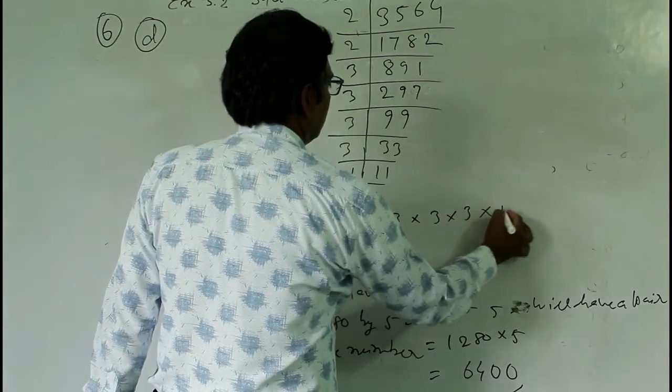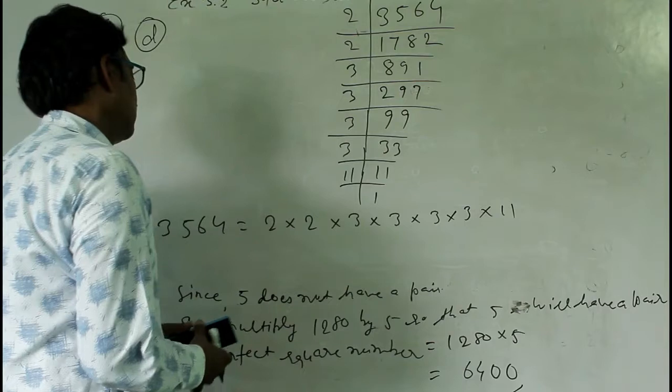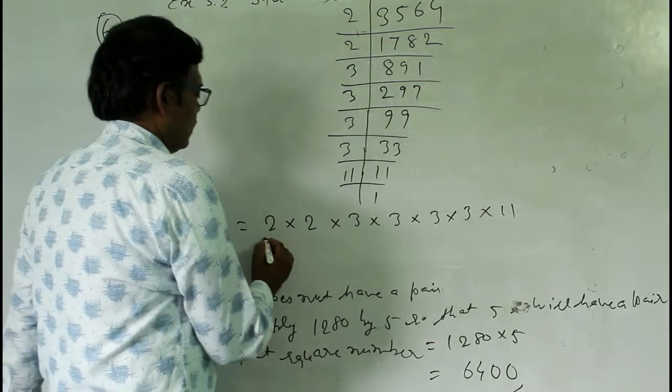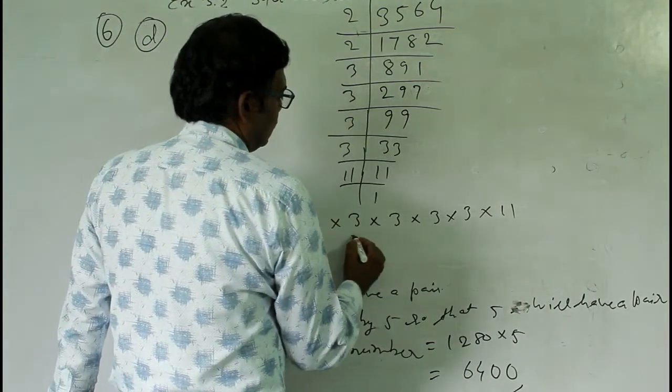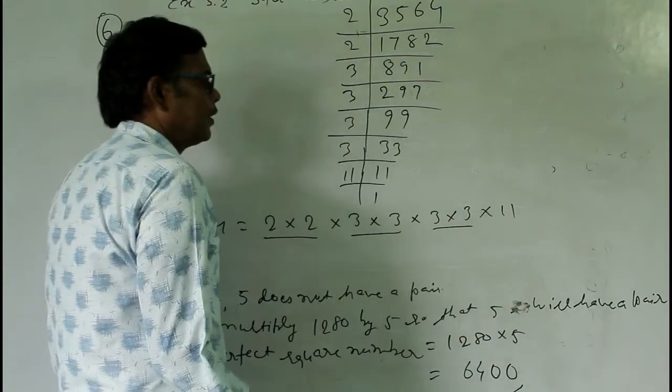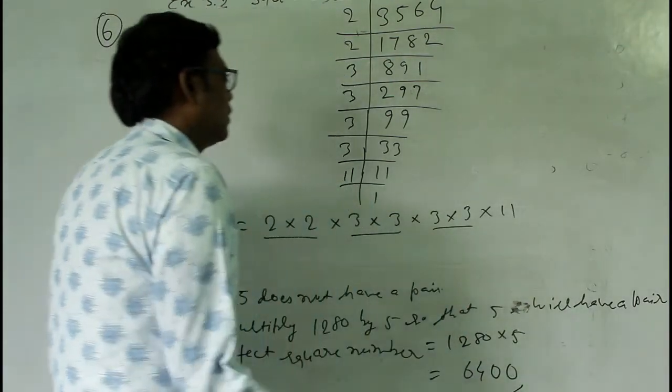Now here see that 2 has a pair, and 3 has the pairs, and 11 does not have a pair.